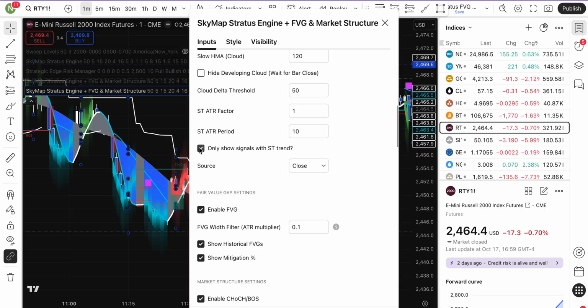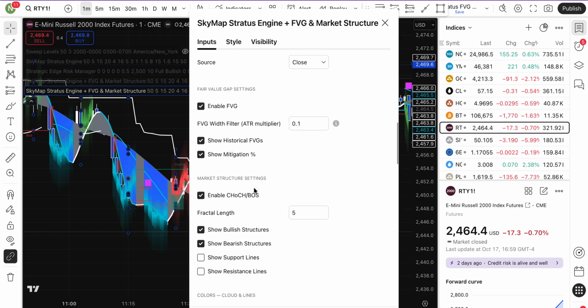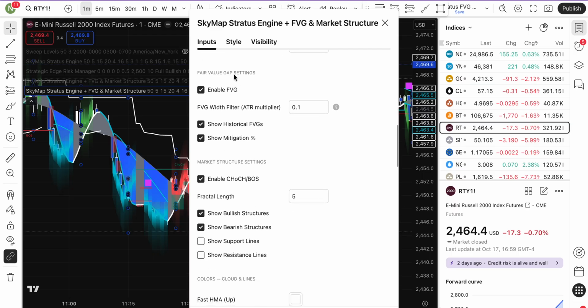So if price has been making new lows, then we're only going to see bearish bonus signal plots. Vice versa, if we've only been making new highs, we're only going to see bullish bonus signal plots. We do track fair value gaps.